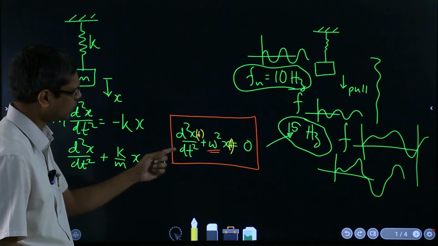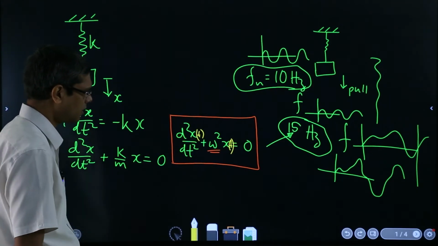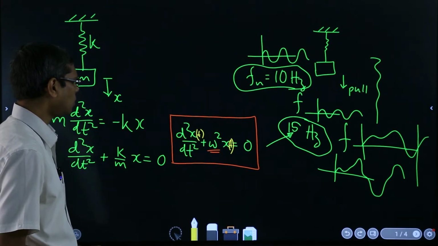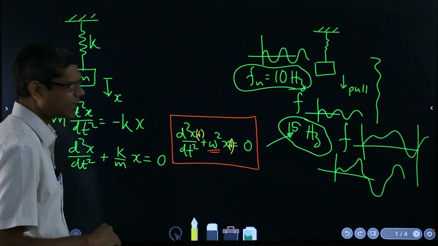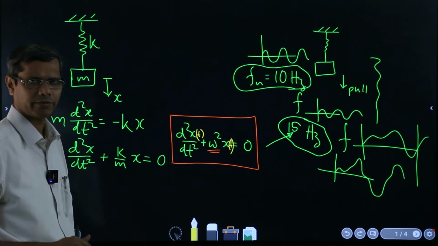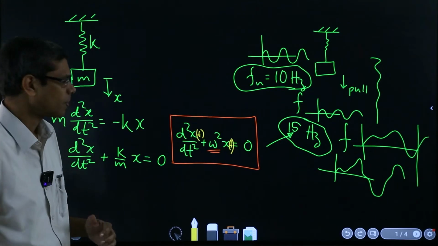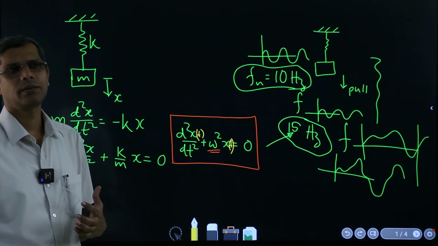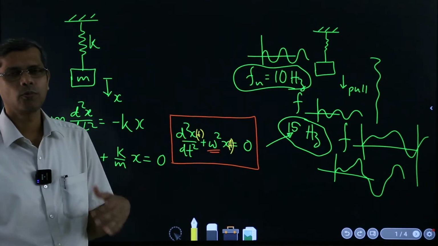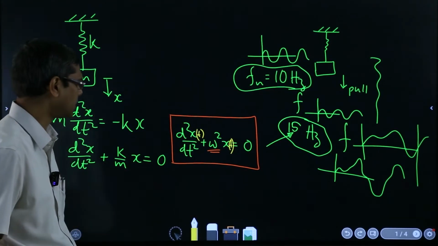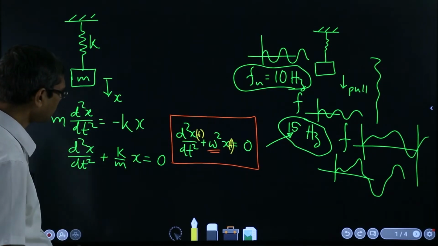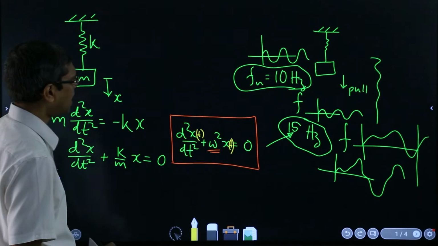Let's try to guess what the solution will be. And this guesswork, when we do it, we will not guess in any arbitrary way, we will guess in a very systematic way. This systematic guessing will be applicable even in more complex problems, which I will give you as an assignment after we solve this. Okay, let us see how to guess now.